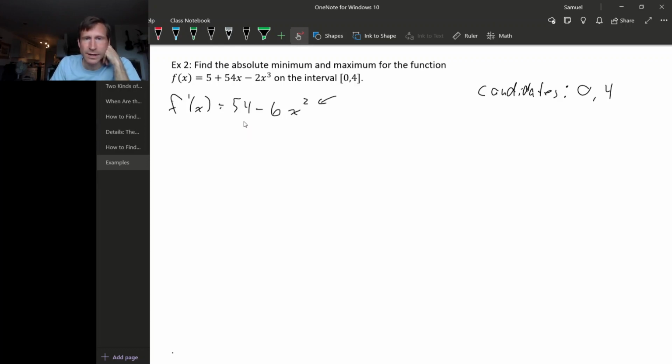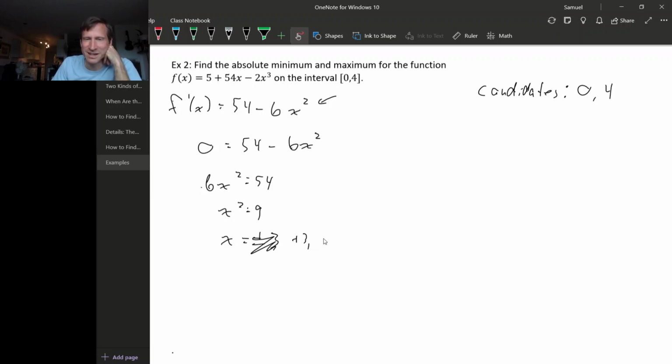So now let's take this derivative and set it equal to 0 and find critical numbers that way. So solving for x, we can move the x's to the left. 6x squared equals 54. Divide by 6. x squared is 9. So x is plus or minus 3. Let me write those separately.